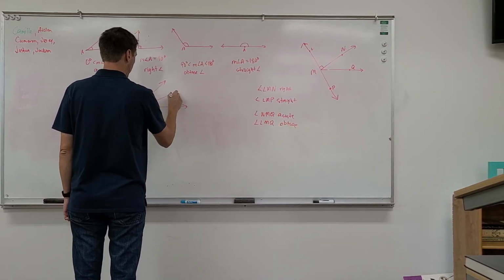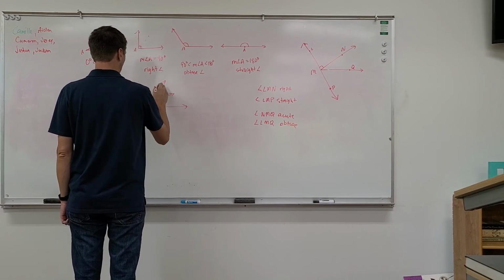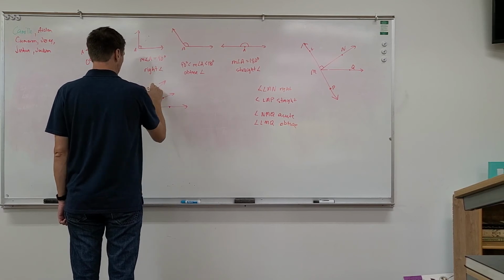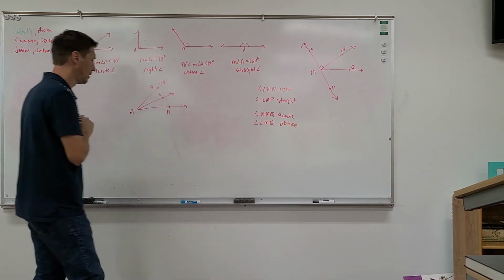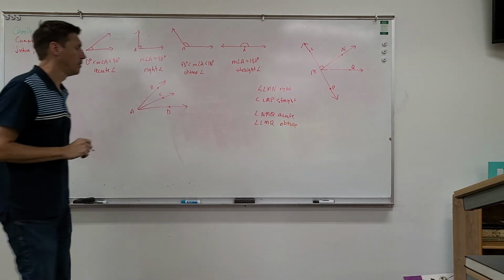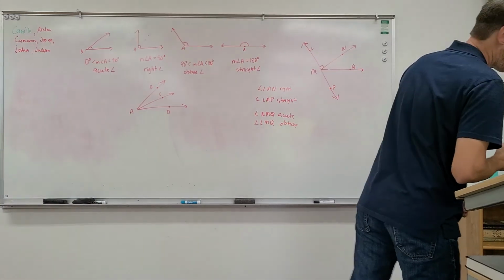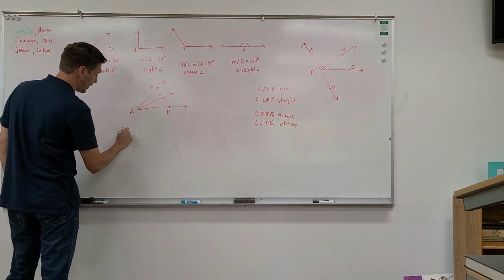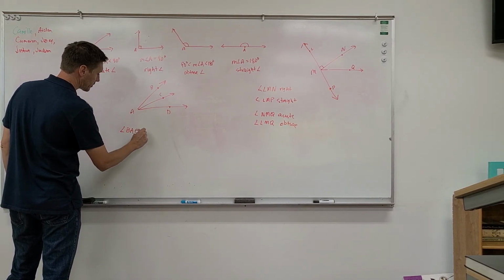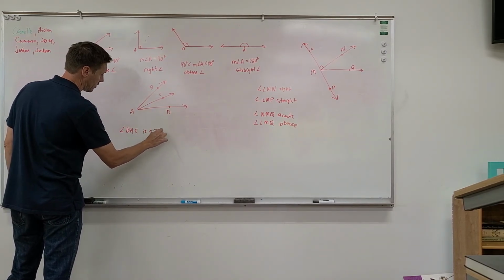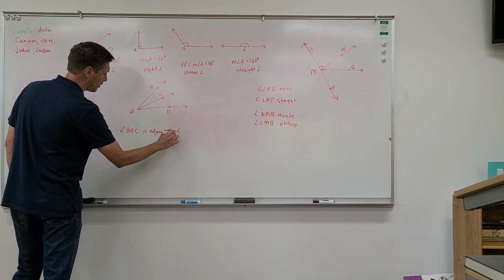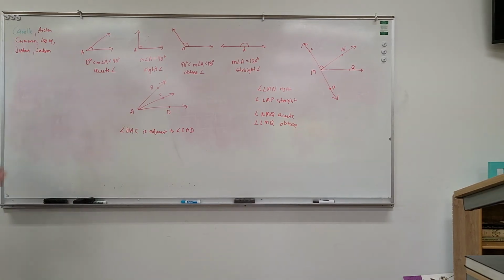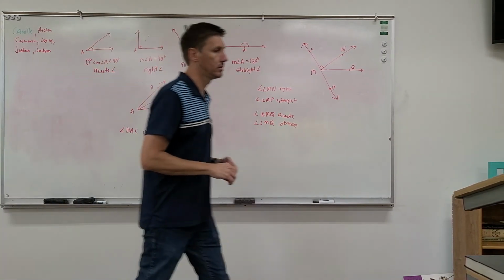If we have this, and we label that A, B, C, D, we would say that angle BAC is adjacent to angle CAD because they share a common side.